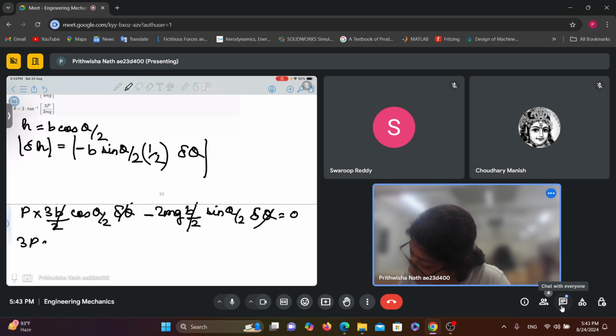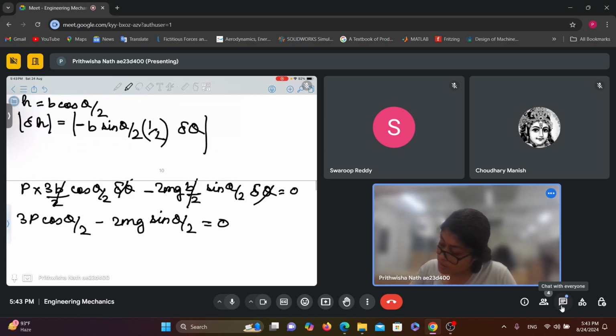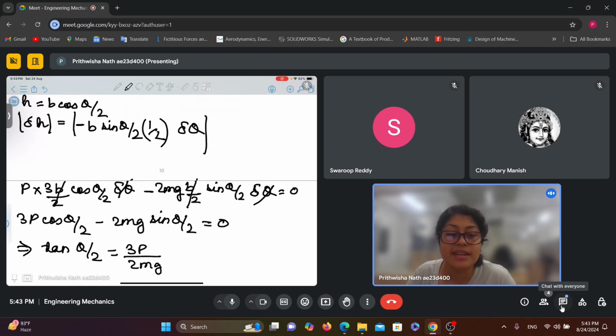So 3P cos theta by 2 minus 2 mg sine theta by 2 equals 0. So I can write this as tan theta by 2 equals 3P by 2mg. Is this clear?